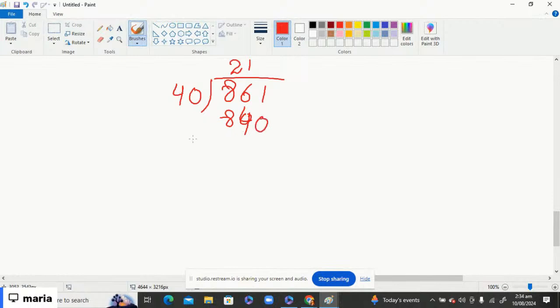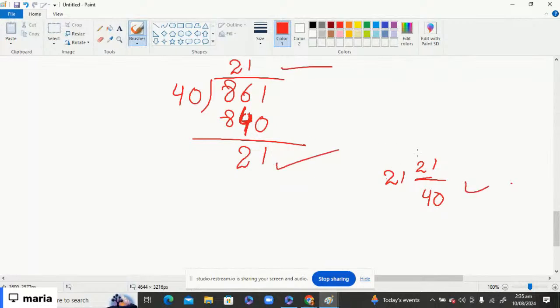Okay, now just subtracting, it's 1. 6 minus 4 is 2, so it's 21 and 21 over 40. Understand? This is your answer. You're going to put 21 here, and then 40 as it is in the denominator.